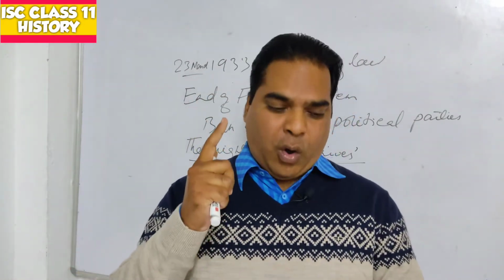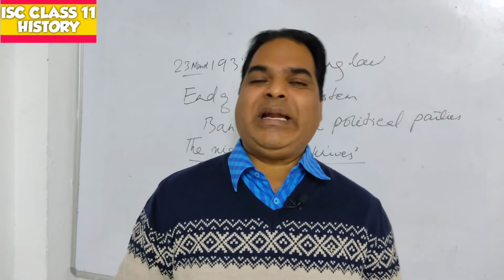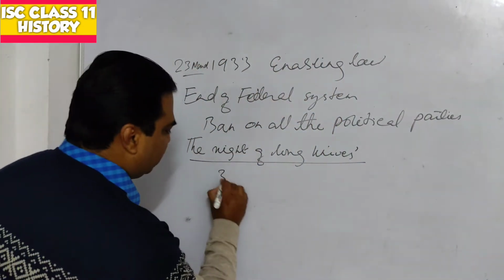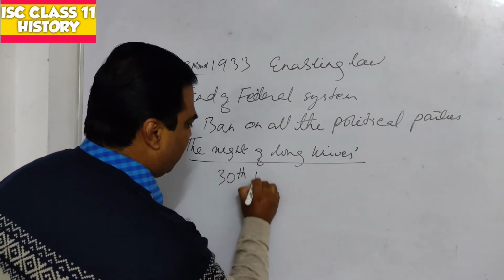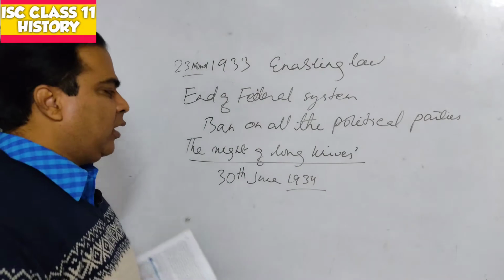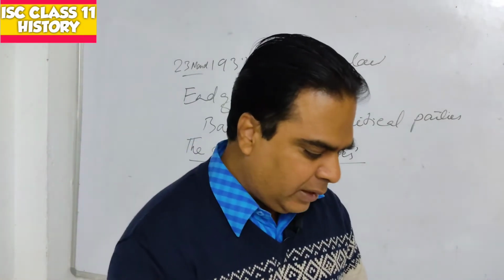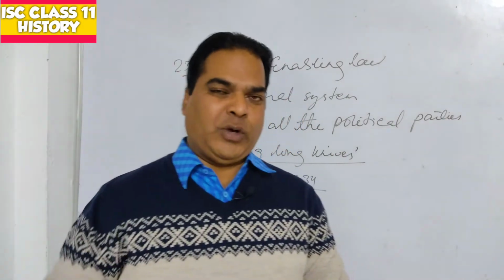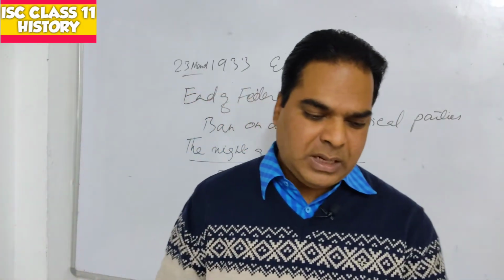So on 30th of June 1934, my dear, Ernst Röhm, the SA leader, was murdered by the secret police.